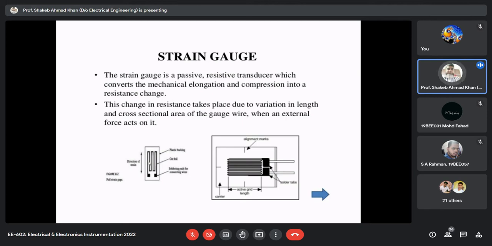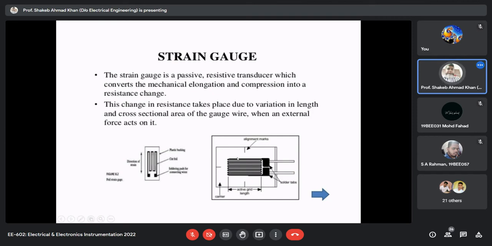Then whichever structure we want to sense the strain of, we bond it to that structure. Obviously if there is any deformation in the structure, then this wire also gets deformed, and because of the deformation in the wire, its dimension changes, and because of that its resistance changes. This is how your strain gauge works.